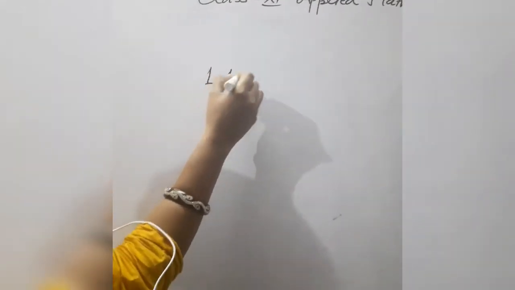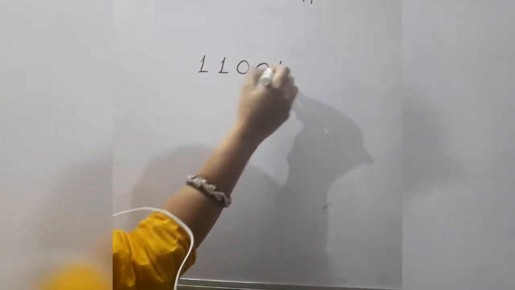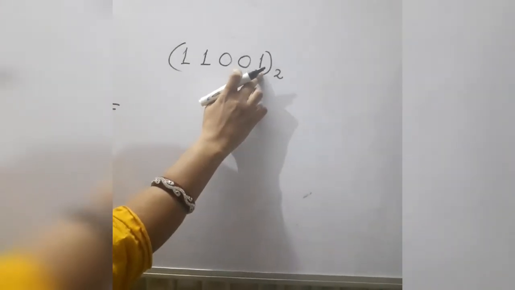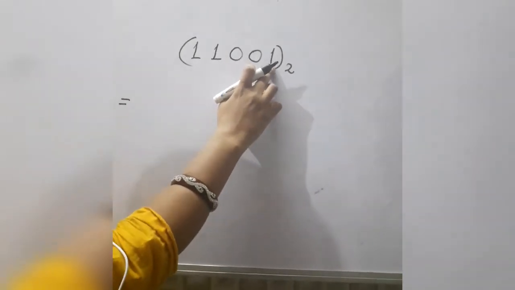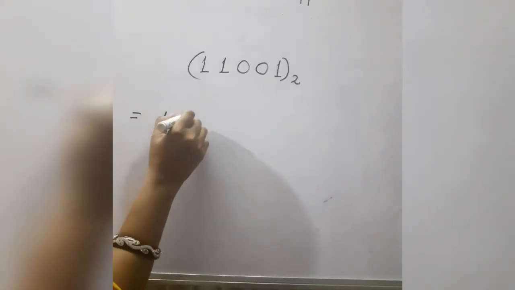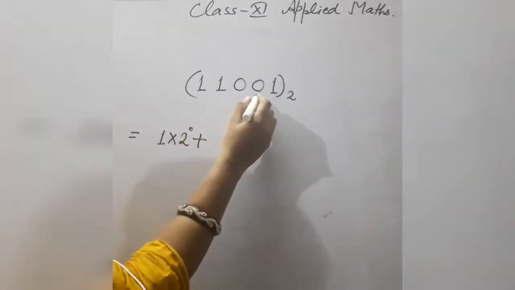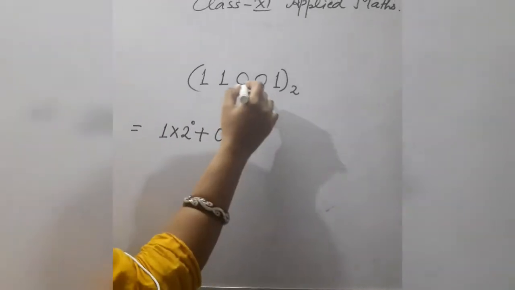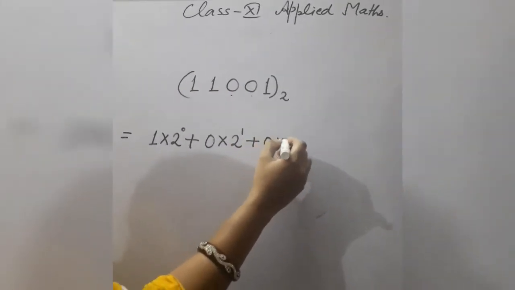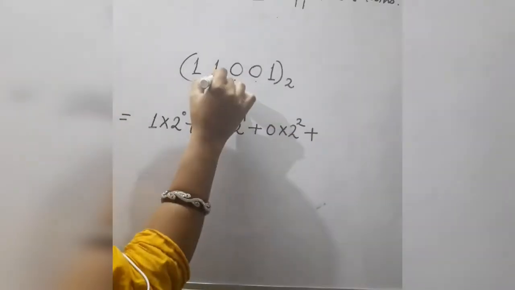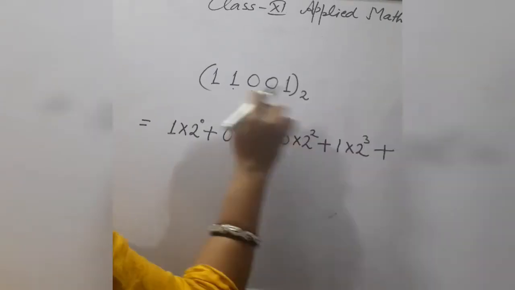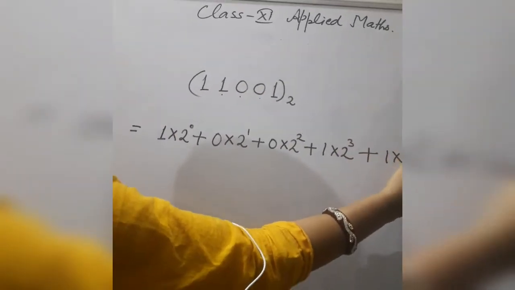The process for this is: you will multiply the last digit by 2 raised to power 0, then the next digit by 2 raised to power 1. You will increase the power of 2 by 1, then the next is multiplied by 2 raised to power 2. This 1 is multiplied by 2 raised to power 3, and this last 1 is also multiplied by 2 raised to power 4.